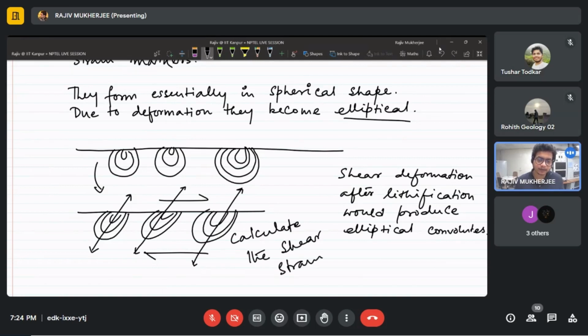So it is possible. So these are basically stretching axis, right?